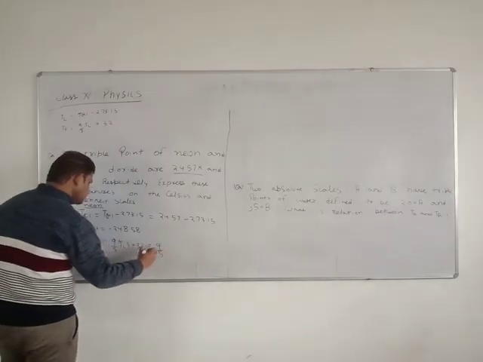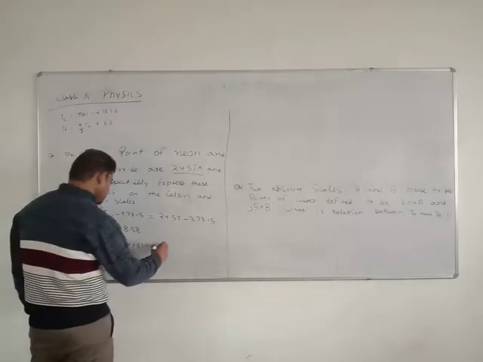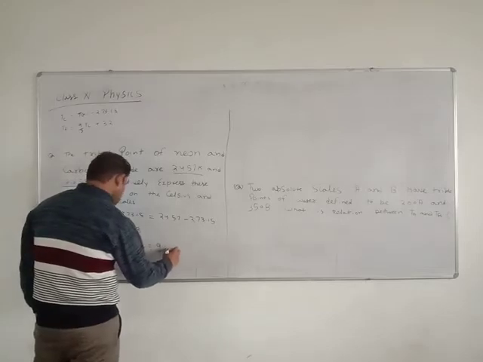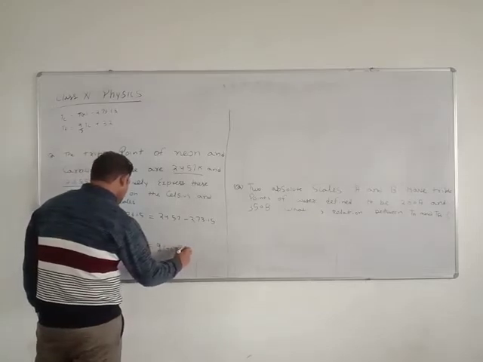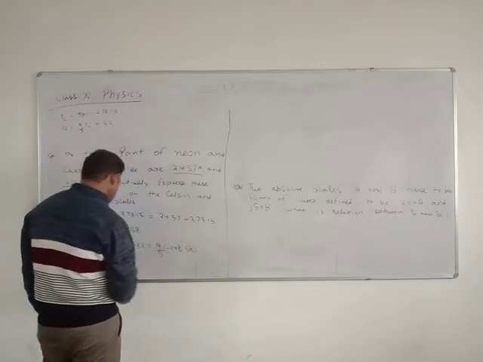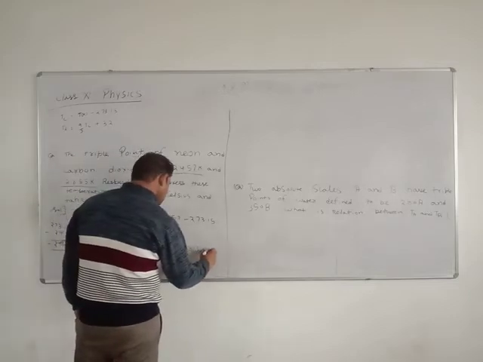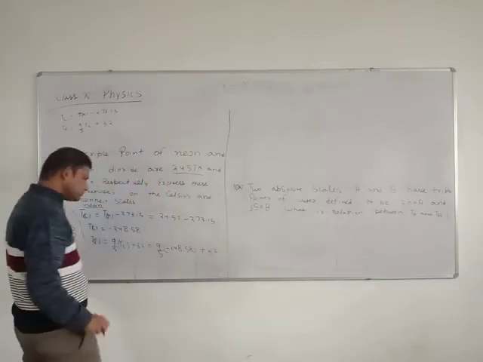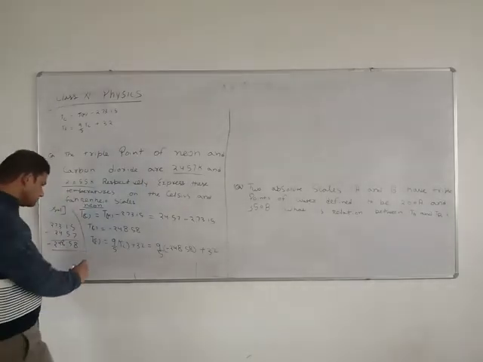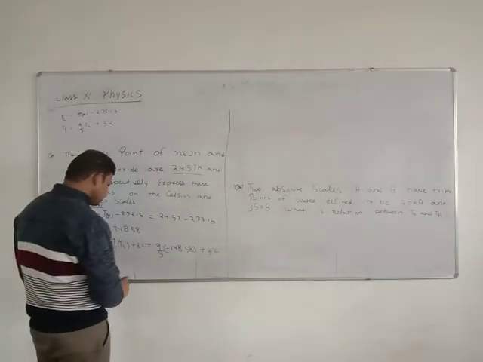For 9/5 we put the value of Tc, minus 248.58, plus 32, and we solve this term.